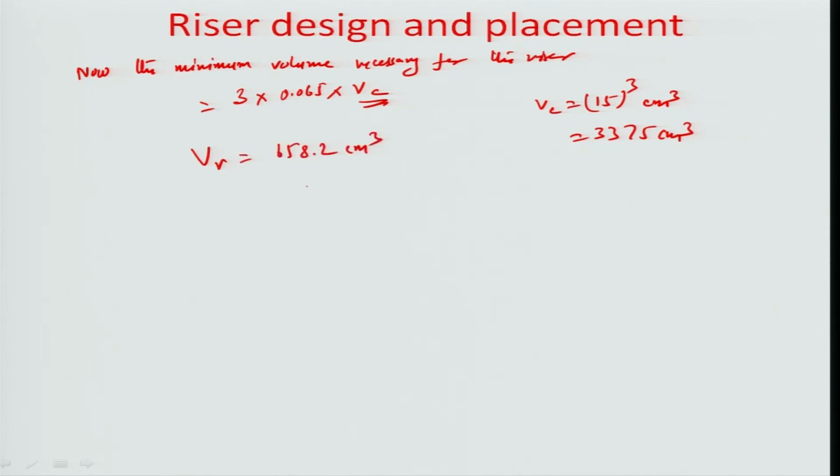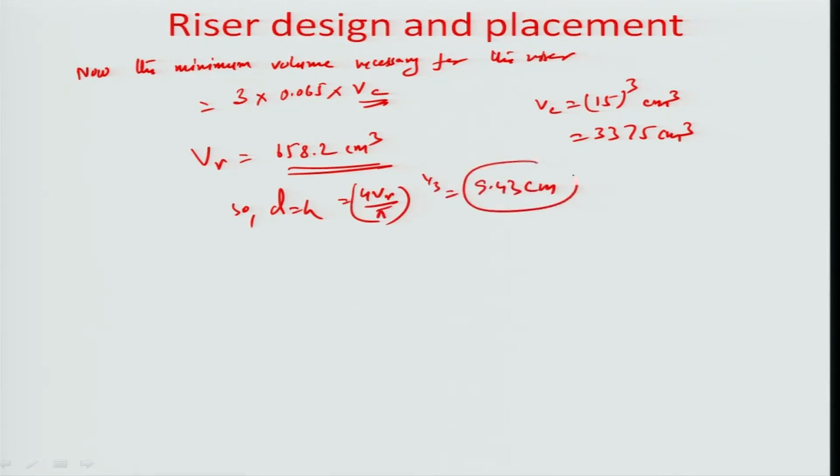So, with this kind of V c, we could obtain the volume of the riser here to be equal to 658.2 centimeter cube. Further, we obtained d equal to h as 4 V r by pi to the power of 1/3, and that was corresponding to 9.43 centimeters, which is equal to the diameter and the height of the particular cylindrical riser. Then we calculated A by V for the riser, which is 6 by d or 6 by h, whatever you may call.